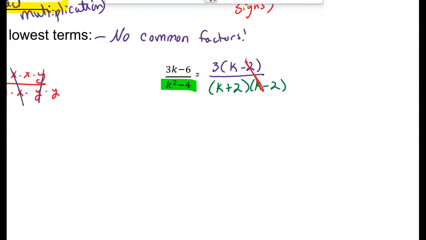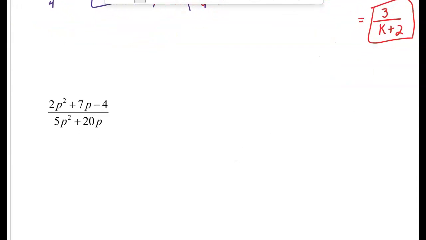So what does this simplify down to? 3 over k plus 2. That was said with too much sarcasm. Come on, this was simple. Come on, man. Guys, here's the hint. You must completely factor both the numerator and the denominator. Okay? Because you can only simplify out common factors. Are you guys good with it? Let's try the next one.